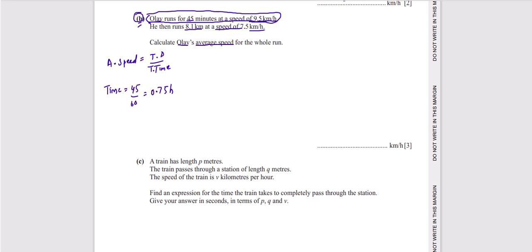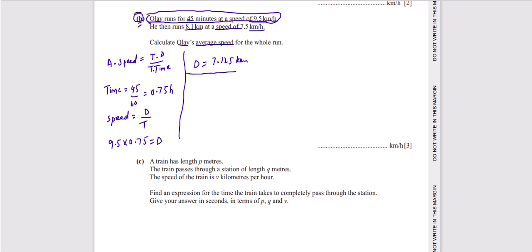So write the formula of speed. Speed is equal to distance over time. Now we calculate distance. Speed is 9.5 multiply with time. The value of time is 0.75, that is equal to d. Multiply these values, we get distance is 7.125 kilometer.